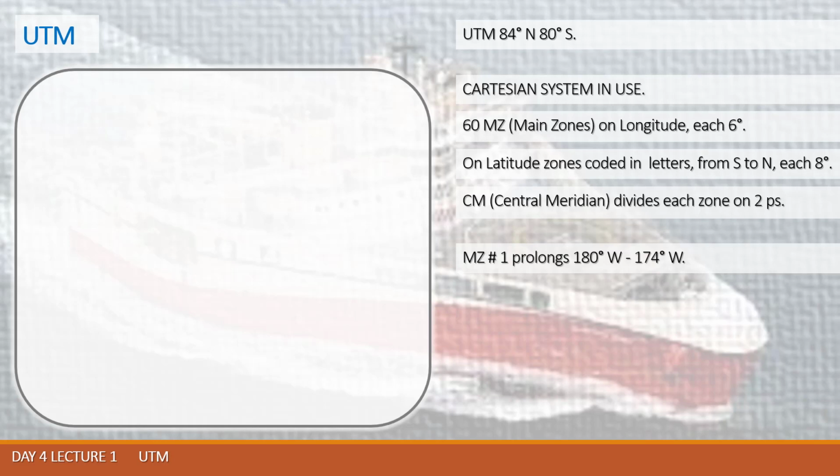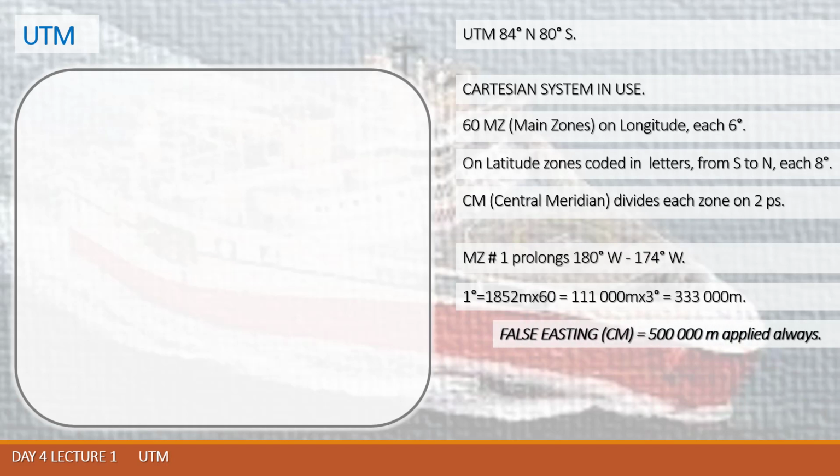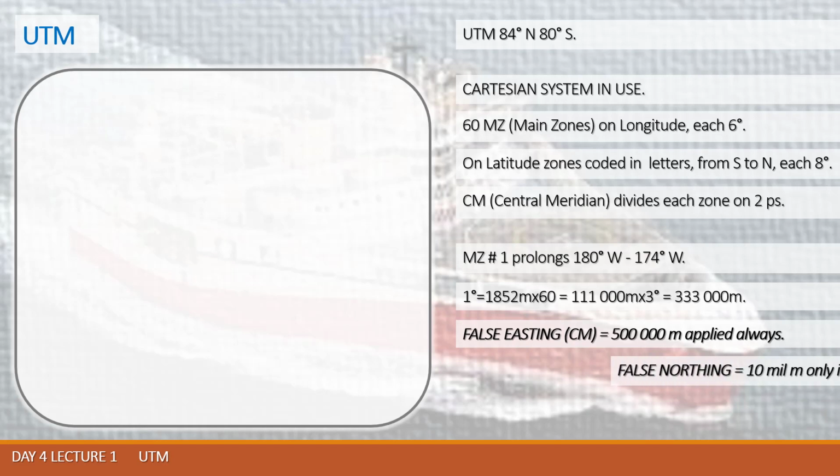In this projection we have a few artificial offsets which are in use, such as false easting. This offset equals 500,000 meters and is always applied, and this is actually the value for calculation of the coordinate by longitude. And false northing: this offset is 10 million only and is applied in the southern hemisphere.